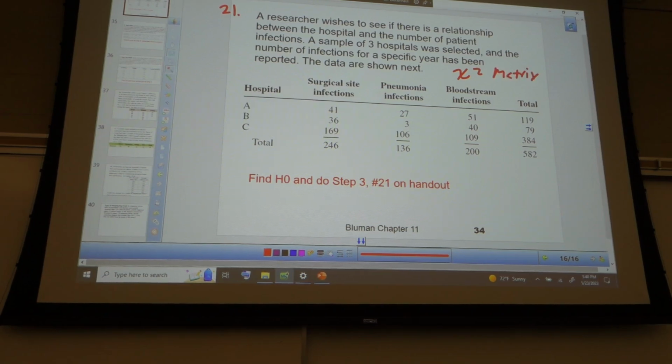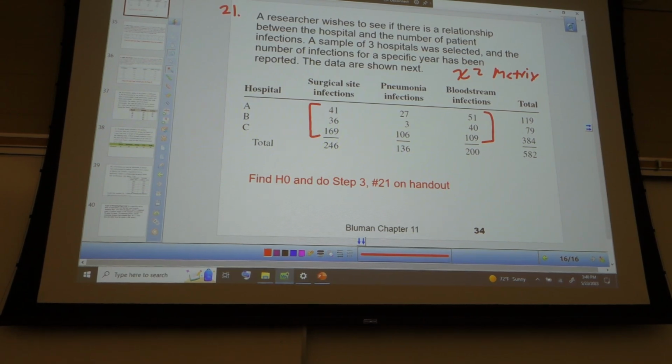I strongly recommend with the chi-squared matrix to go ahead and make your matrix. But do you want to do one quickly, just to make sure we get it? Just find H naught, and then do step 3, just so we have practice with it. It's been a while since we've done one.